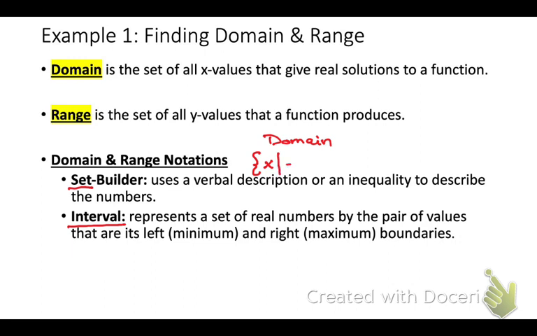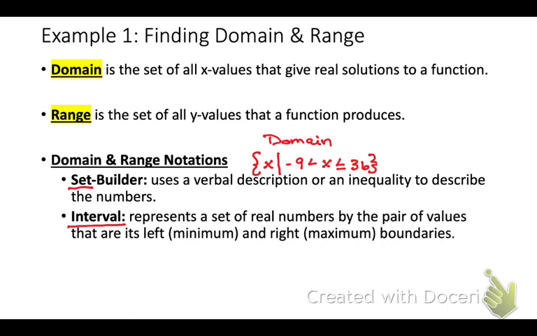I'm going to say -9 is less than x, which is less than or equal to 36. That tells you that your domain is somewhere bigger than -9, because I don't have an equal to, correct? All the way to 36. Can it be 36? Yes, because it has a line under it, right?